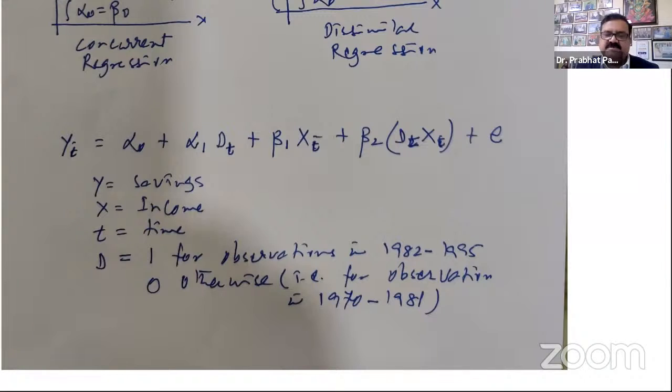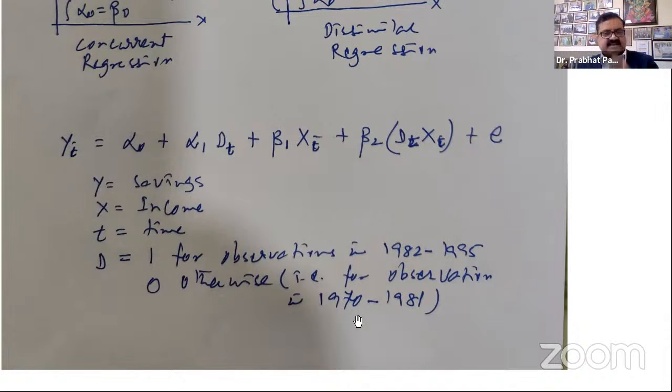For example, budget. If there was a major announcement in the budget, let's say last year, and you, as an analyst, said this provision is going to change the behavior of people in terms of saving, or tax saving, or expenditure, that this announcement is going to change things in a big way, then you take that budget year as the cutoff, and look before and after for a certain variable.